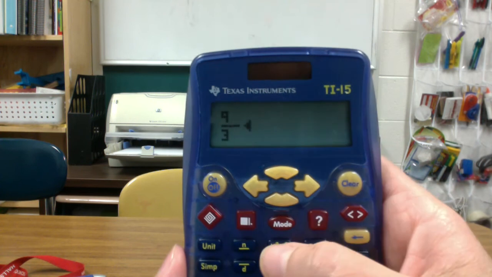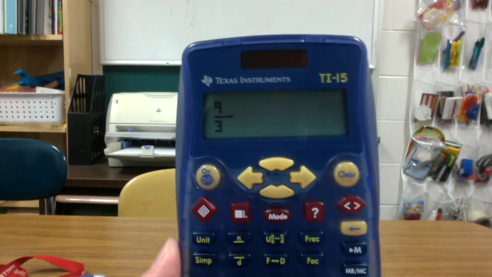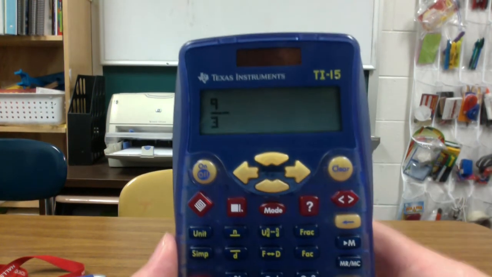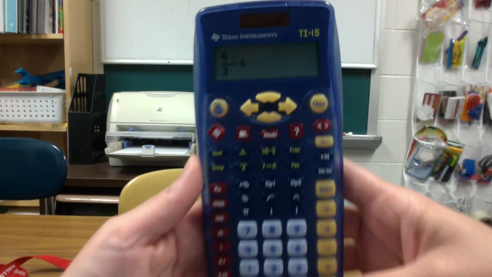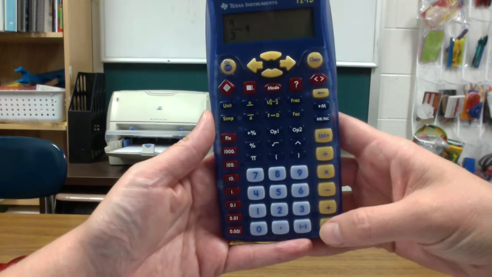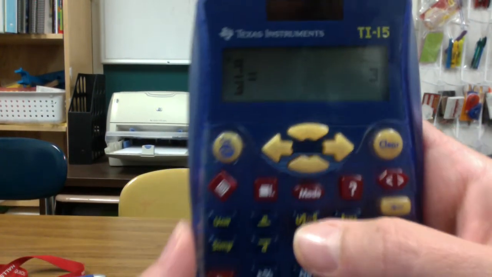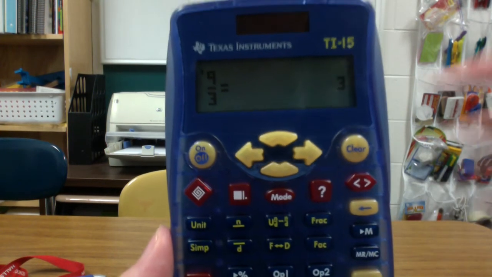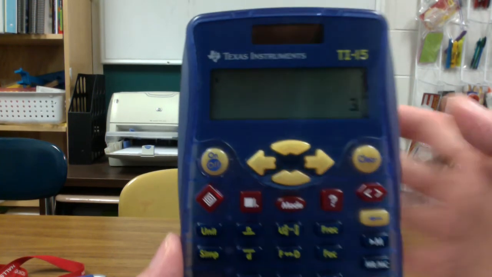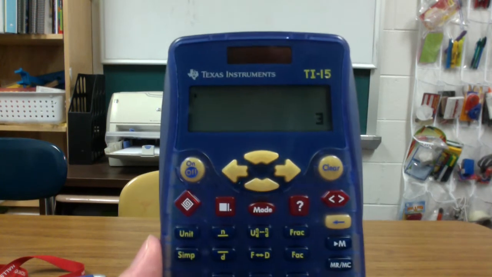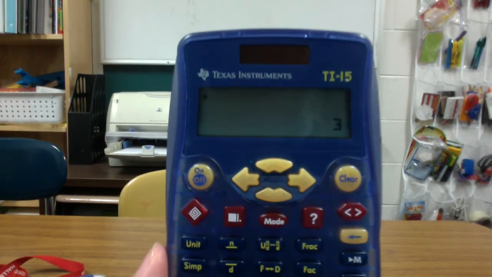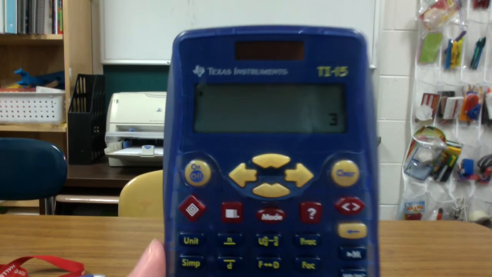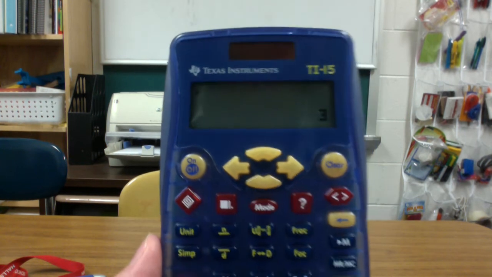I have 9 of them. I know that 9/3 is 3 wholes, but my calculator will also verify that for me. So if I hit enter and then my mixed number to improper fraction button, it changed the 9/3 to, see, I just have the number 3. That means 3 wholes.